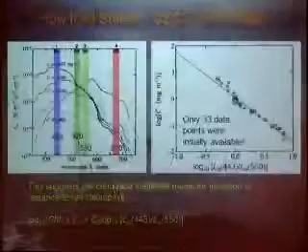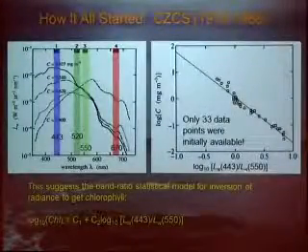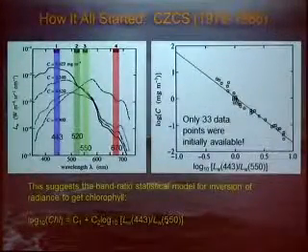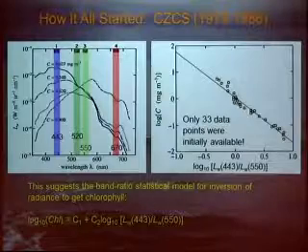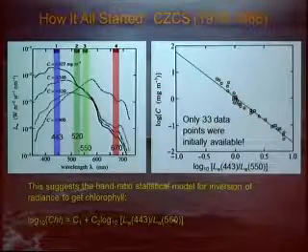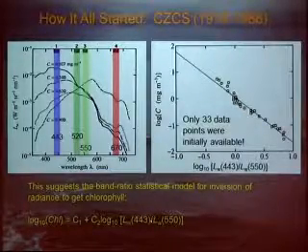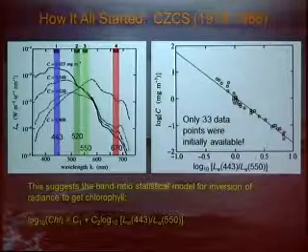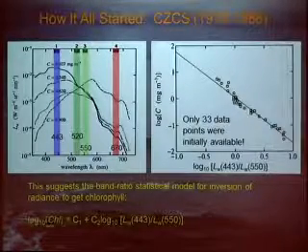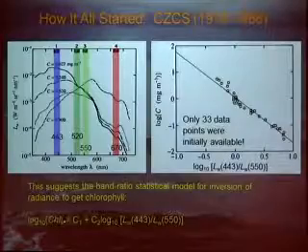They literally had 33 data points to start this whole game off. So you simply fit a curve to your 33 points, you get a nice little formula, and then you can measure the radiance at these 2 wavelengths, take the ratio, so we're normalizing out the magnitude once again, and you'll come up with a nice little formula that'll give you chlorophyll.